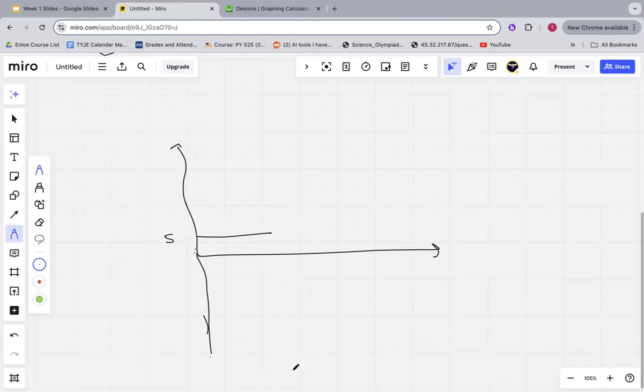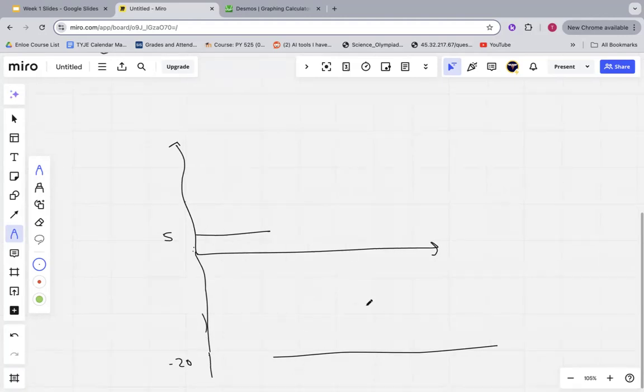But then boom, you slam on the brakes. Now how fast your speed is changing is very, very negative. You're slowing down really quickly, right? And so let's say that's like negative 20, right? And so that is what the graph of your second derivative would look like.